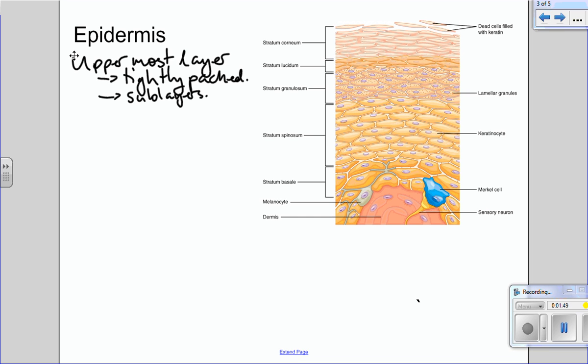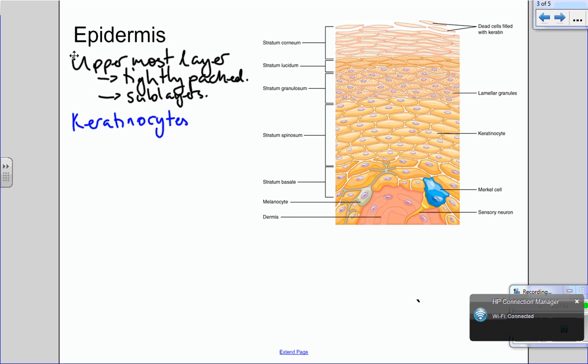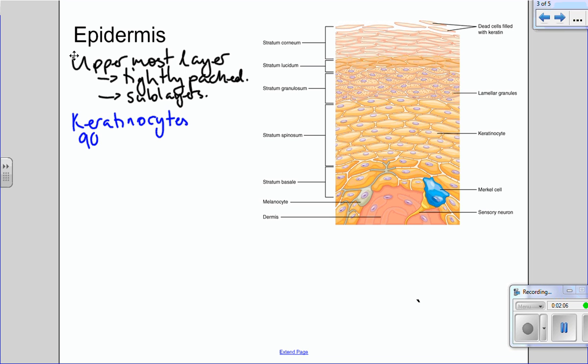Alright, first off, keratinocytes. Now, these make up a solid 90% of cells. They produce keratin.